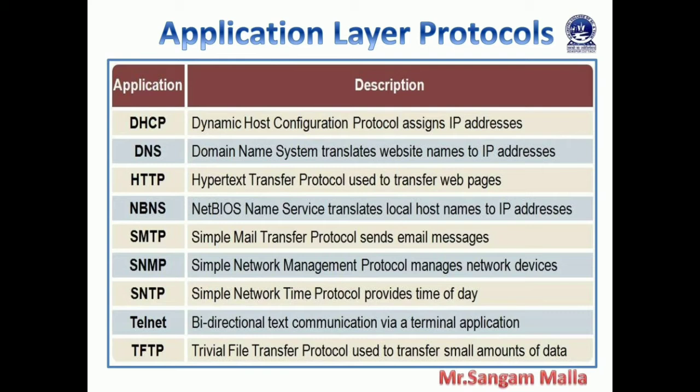Third is HTTP, Hypertext Transfer Protocol, which is used to transfer web pages. Next one is NBNS, NetBIOS Name Service, which translates local host names to IP addresses. Similarly, SMTP, Simple Mail Transfer Protocol, sends the email messages.